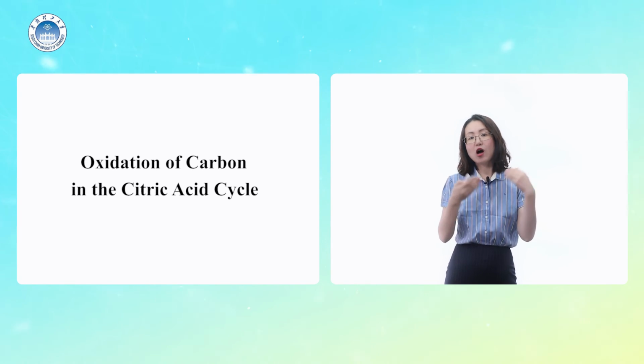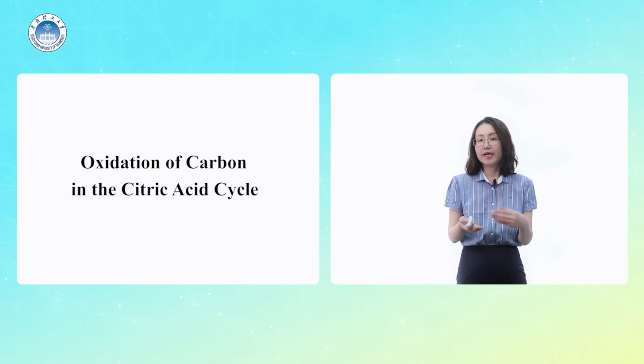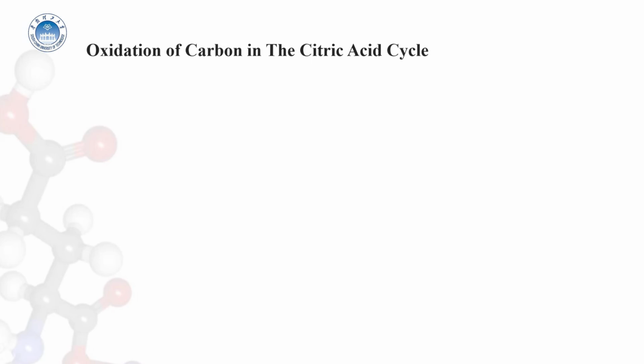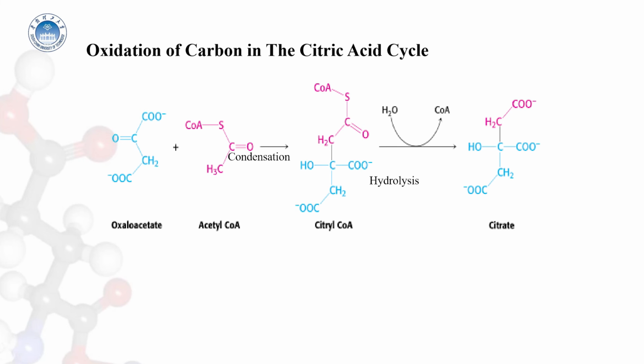So let's go to the oxidation of carbon in the citric acid cycle. The conversion of pyruvate into acetyl-CoA paves the way for the initiation of the TCA cycle. The TCA cycle begins with the condensation of a four-carbon unit, called oxaloacetate, and a two-carbon unit, the acetyl group of acetyl-CoA.